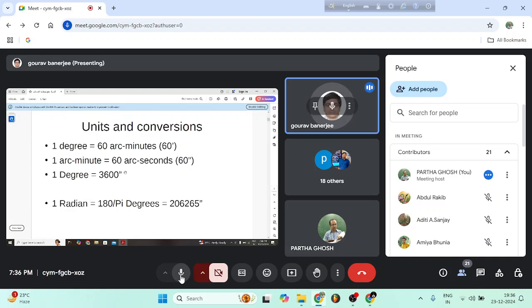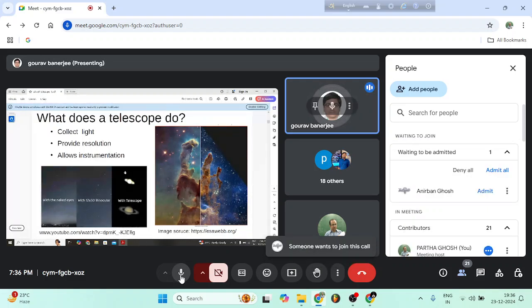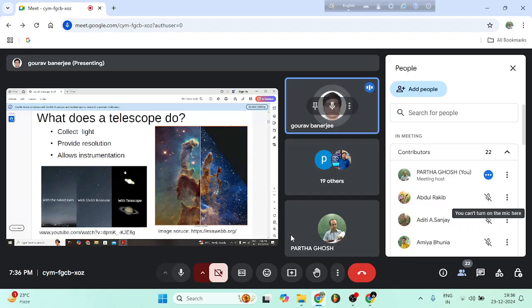It was just about units and conversions, and the most important one that will keep coming back is radians to arc seconds. That's about this number. The next is, we'll talk about what a telescope does in very fundamental terms. The first thing it does is collect more light than you can with a human eye. The second thing it does is provide resolution and magnification.